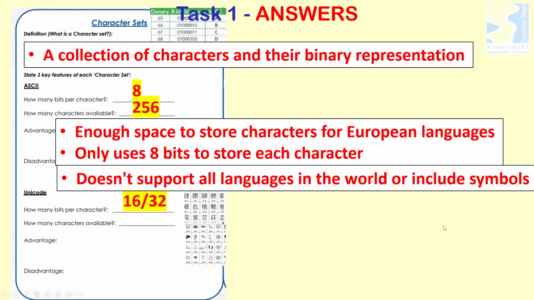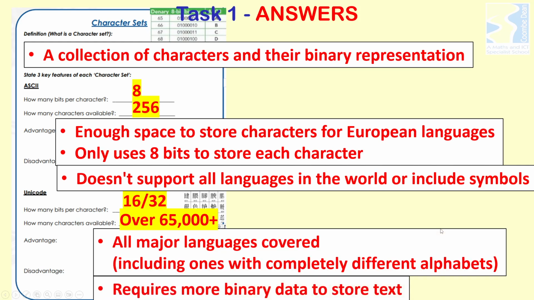Unicode, 16 or 32 bits per character, over 65,000. It supports all major languages, including ones with completely different alphabets, but the disadvantage is it requires more binary data to store text, so it takes up more storage space. Check your answers, adding to them if needed.